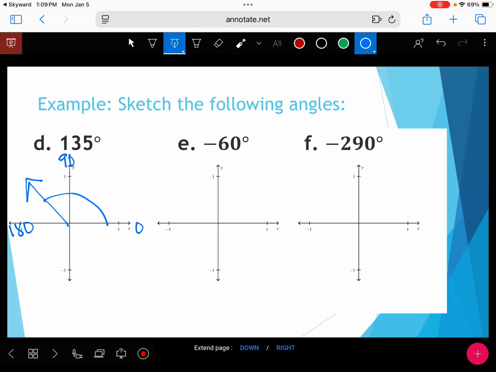All right, what about negative 60? Show me with your fingers. 4, good job. This is 0 and this is negative 90. So that would be about here, and that would be your angle. All right, negative 290. Show me with your finger.